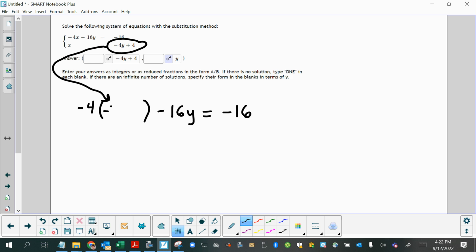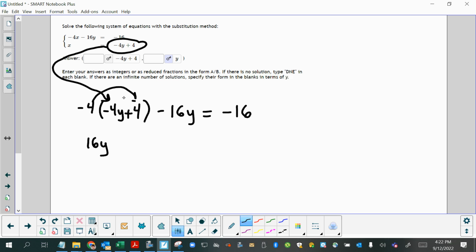That's always useful. If you can get rid of a variable, then it's solvable, right? Because you can't solve something that has more than one unknown in it, but if there is only one unknown, then you can eventually get that one unknown all by itself. So now I'm going to simplify. Negative 4 times negative 4y is positive 16y.